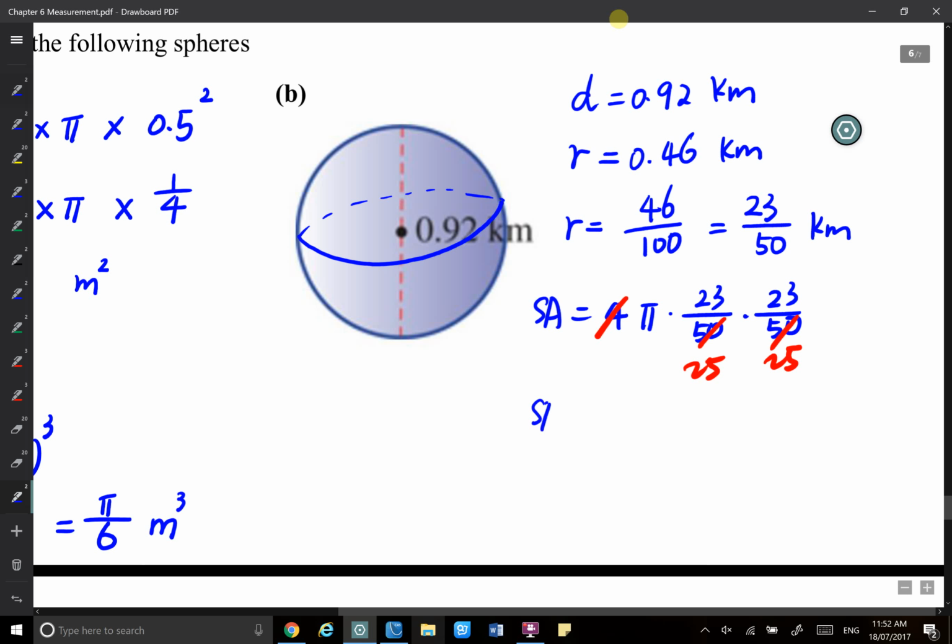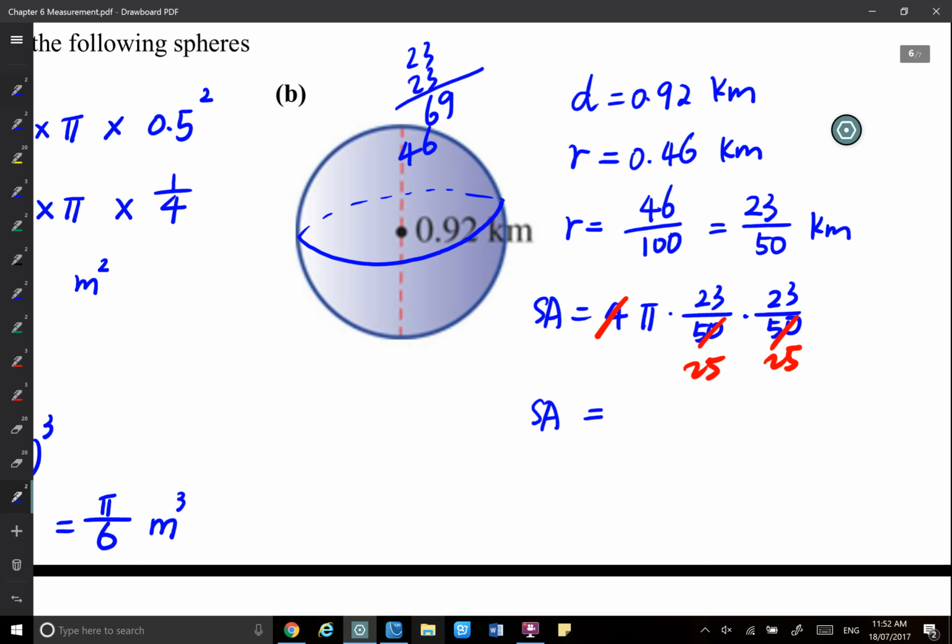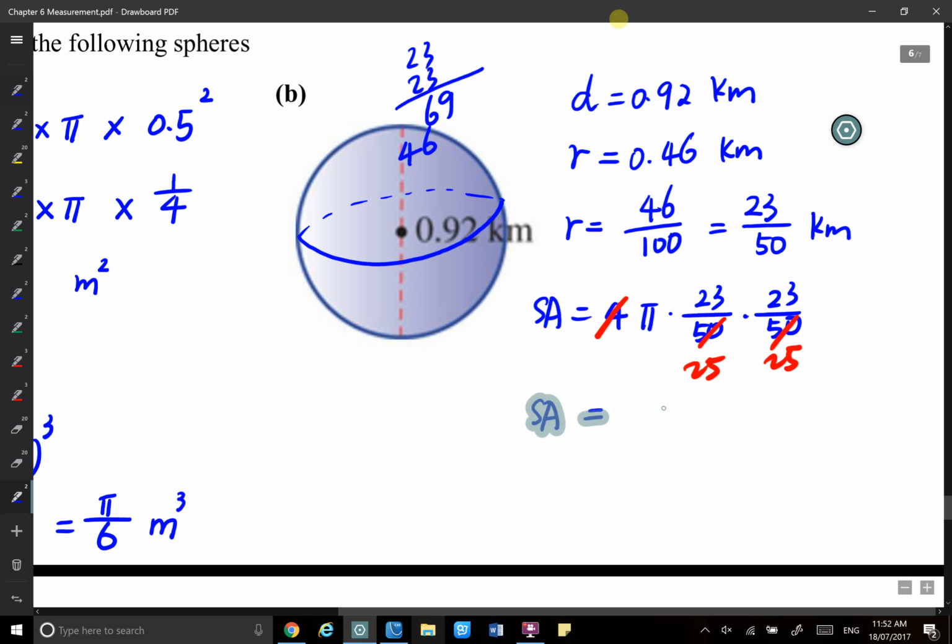So for the surface area, what's 23 squared? 23 times 23, that's 529. So surface area equals 529 pi over 25 squared, which we know is 625.